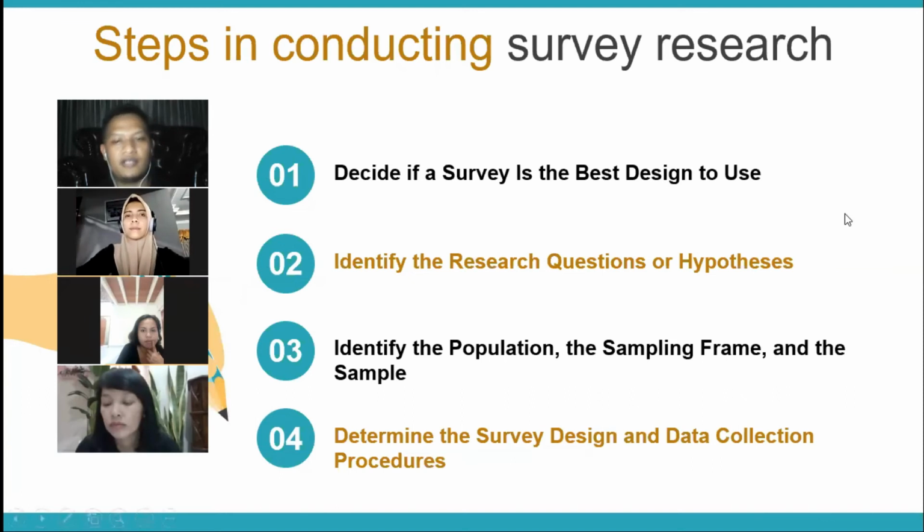The next step is to identify the research question or hypothesis. After we feel the survey is best used in this type of research, we need to identify the research question and also the hypothesis. After that, the next step is to identify the population, the sampling frame, and also the sample, so that we are able to use the result to generalize.